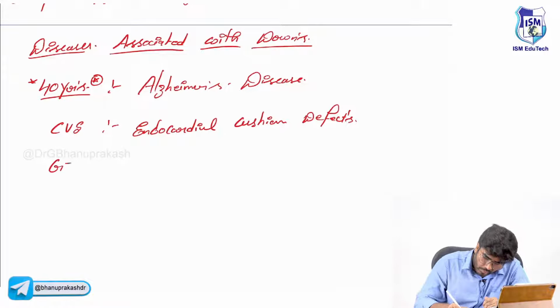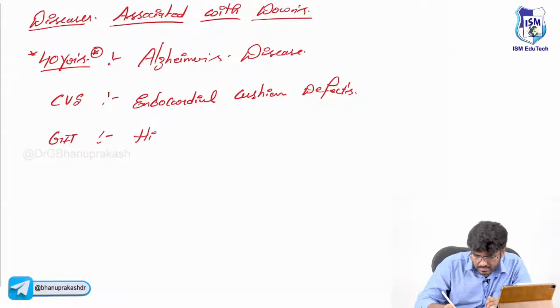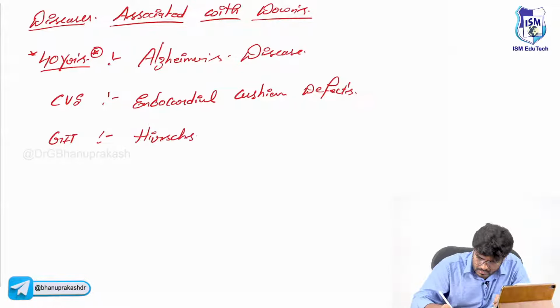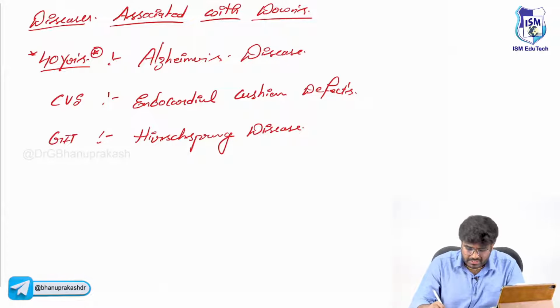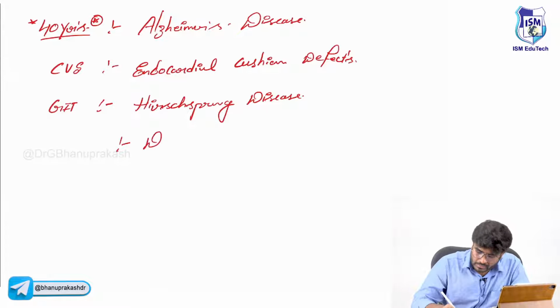Next, GIT abnormalities. These patients will have Hirschsprung disease, that is a congenital megacolon. And in GIT, these Downs babies will develop duodenal atresia.